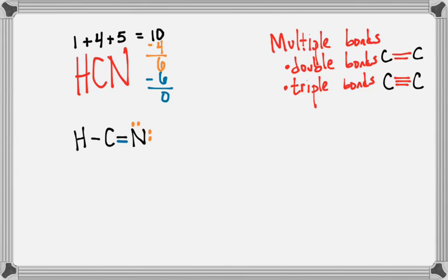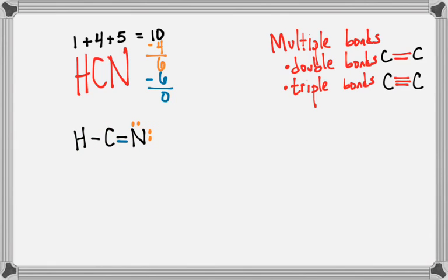You see, nitrogen still feels like it has an octet because it's got 4 of its own, plus it's sharing another 4. Things are a little bit better for carbon because carbon has 4 electrons on the right-hand side and then 2 electrons on the left-hand side, so at least carbon feels like it has 6, but we wanted to give it 8.